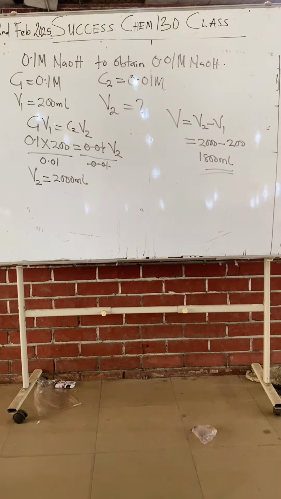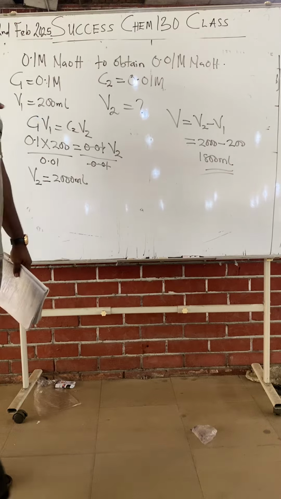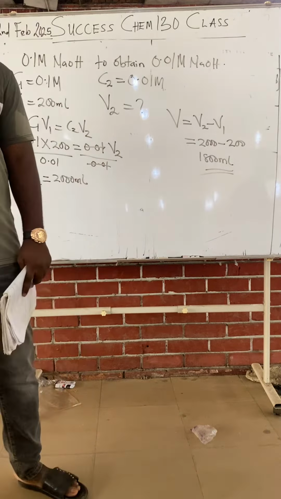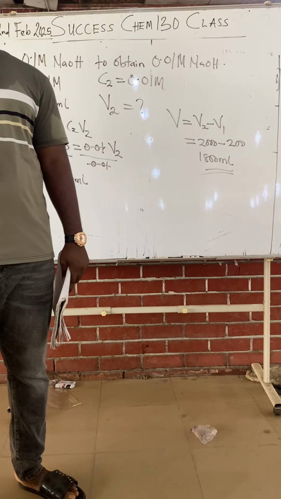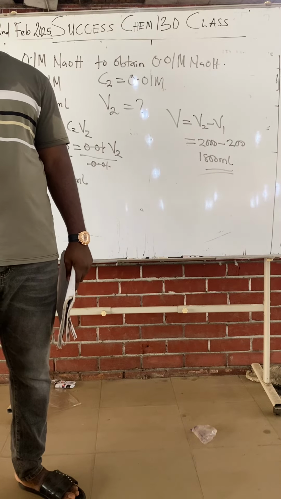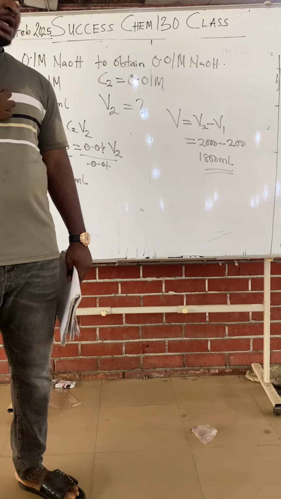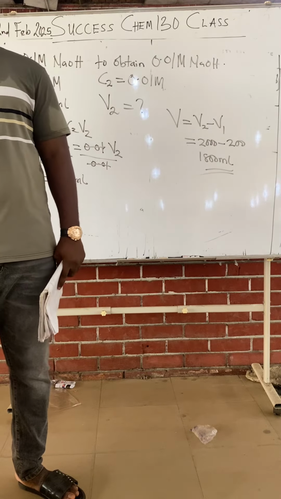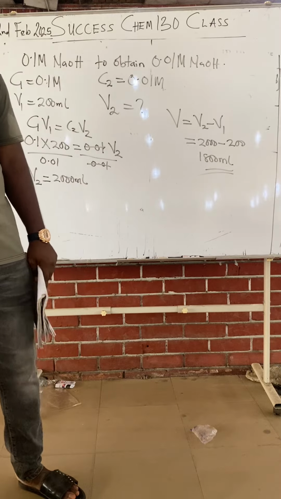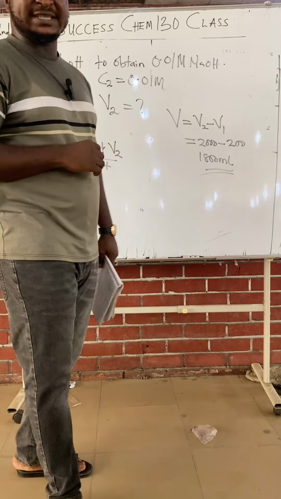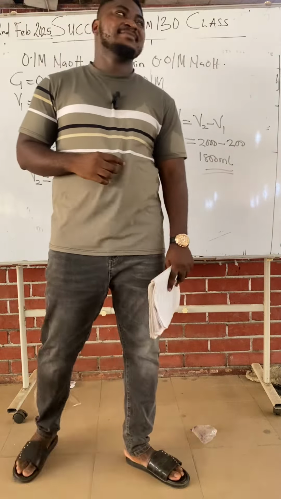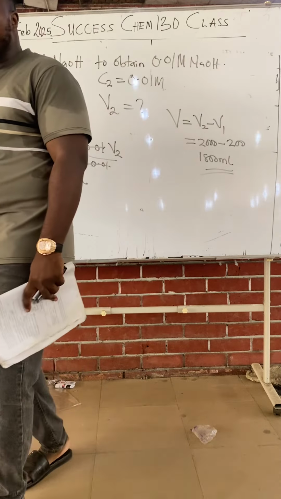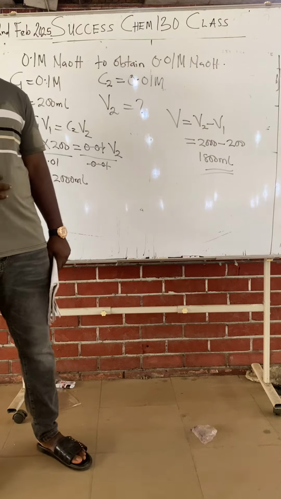Follow me. Class, when you buy provisions in your home, you buy milk, you buy Milo. Notice that they don't finish at the same time, no matter how well you manage them. Which one usually finishes first? Tell me the truth. Confess. Is it milk? Your milk usually finishes first compared to your Milo, or your Bournvita, or your Ovaltine.